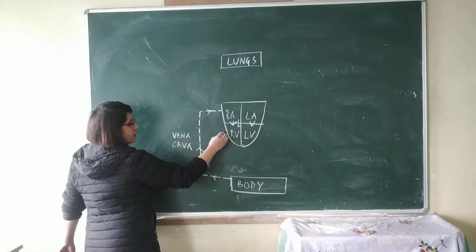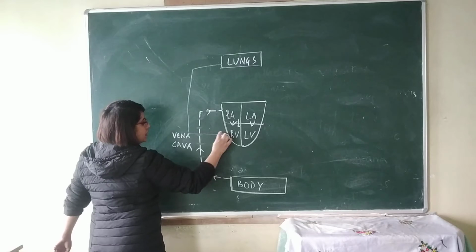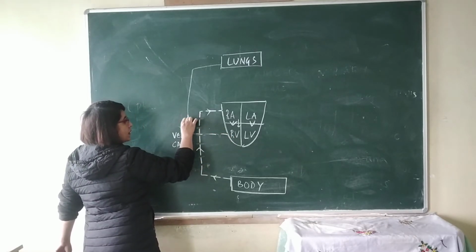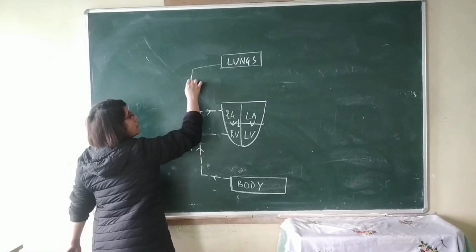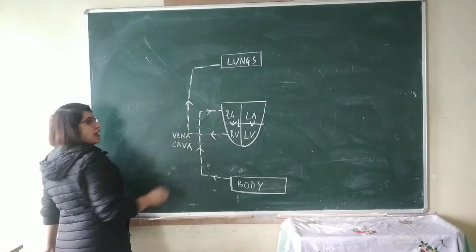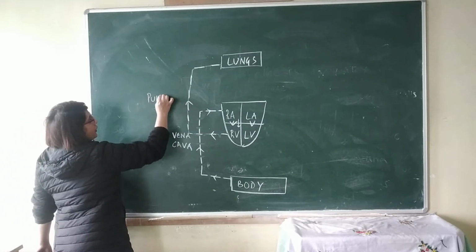From the right ventricle, this deoxygenated blood goes to the lungs for oxygenation. And who carries it? The pulmonary artery.